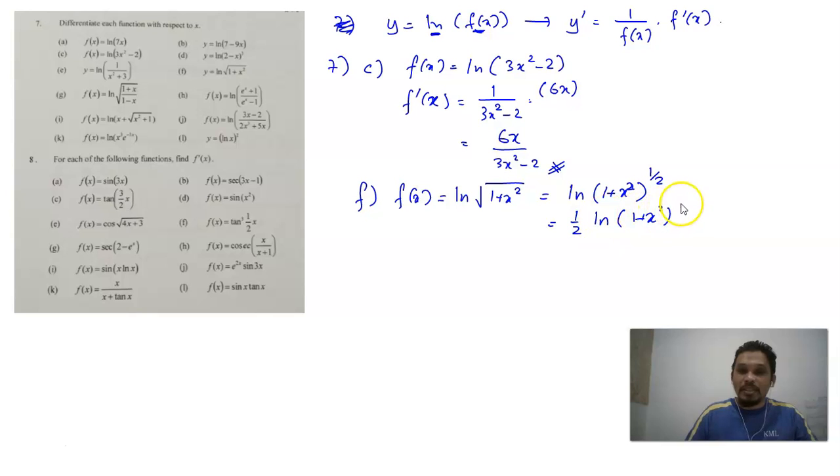So f prime x equals the 1 over 2, a constant, and differentiate ln, 1 over 1 plus x squared, multiplied with the derivative of 1 plus x squared, 2x. So 2 divided by 2, we got x here, divided by 1 plus x squared.